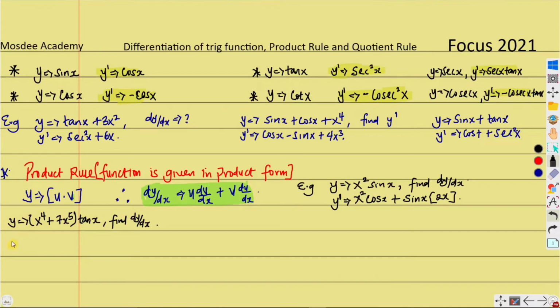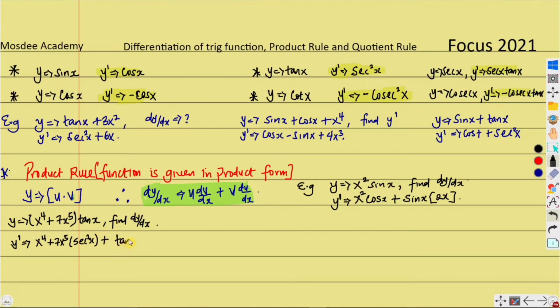So dy/dx, which we call y prime, will now be equal to, we take the first function, which is x to the fourth power plus 7x to the fifth power. We differentiate the other one. When you differentiate tan x, you're going to have sec squared x. You are now adding it to taking the second function, which is tan x.